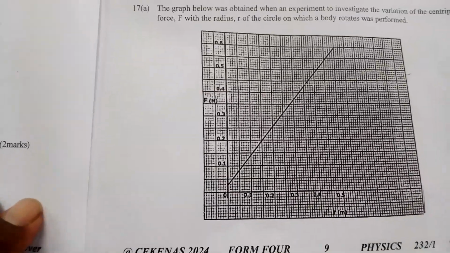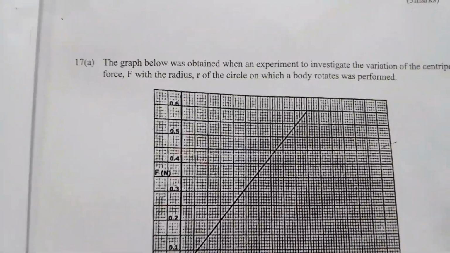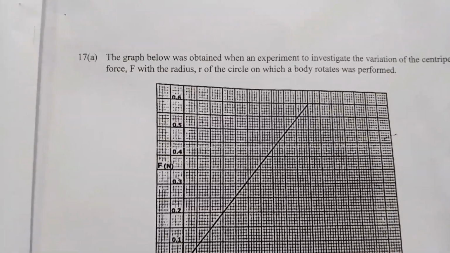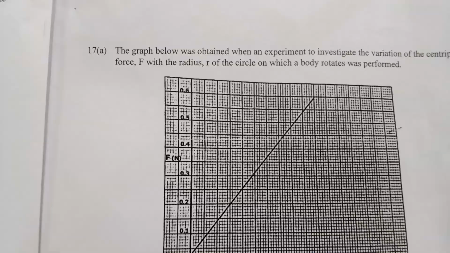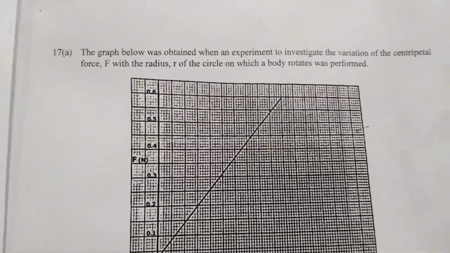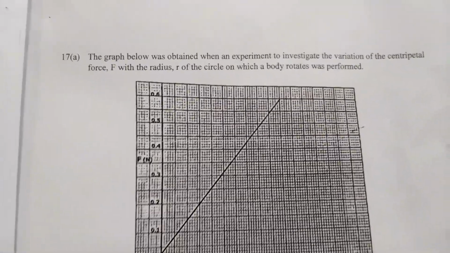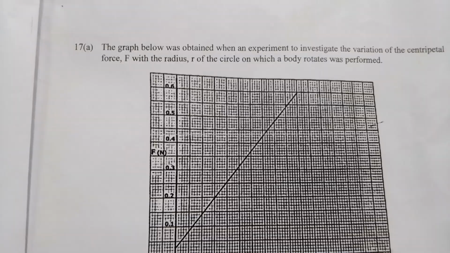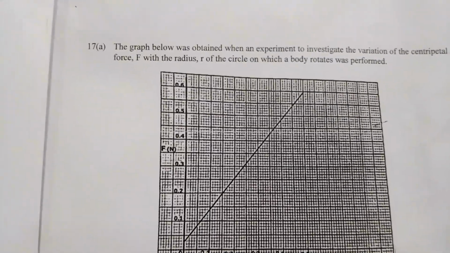So we also have another last question here, question 17, which reads: the graph below was obtained when an experiment to investigate the variation of centripetal force F with the radius R of the circle in which a body rotates was performed.